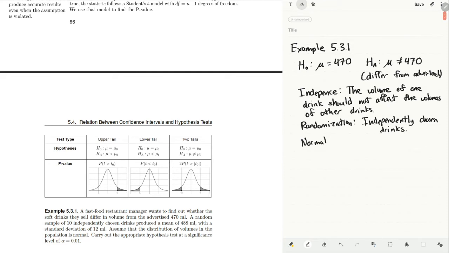And the other assumption is the normal population assumption. And so we're given that we assume the distribution of volumes in the population is normal.